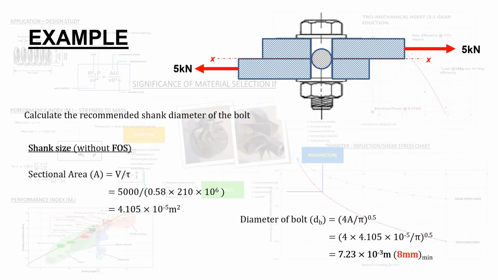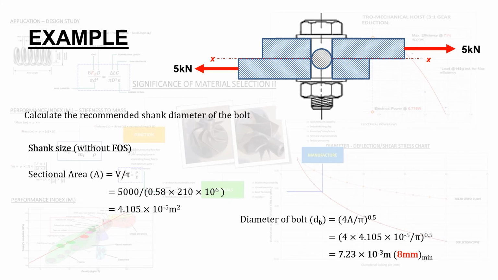Knowing that, we make the diameter the subject of this expression. Thus, the diameter of the bolt will be approximately equal to the square root of 4 times A divided by pi. If you substitute the known variables and do the unit computation, we get approximately 7.23 millimeters. However, that number has been rounded up to 8 millimeters.